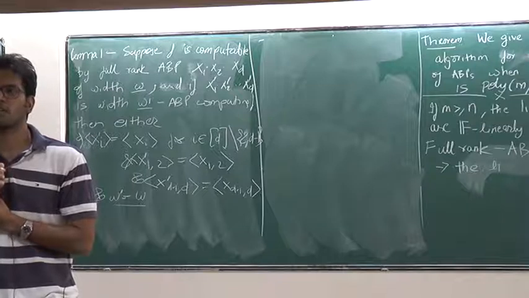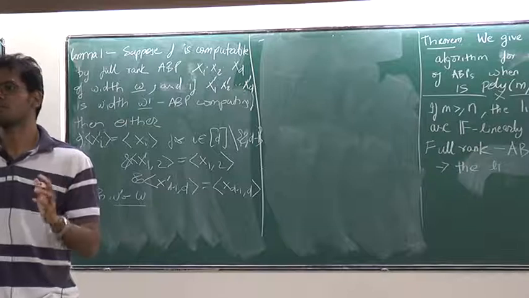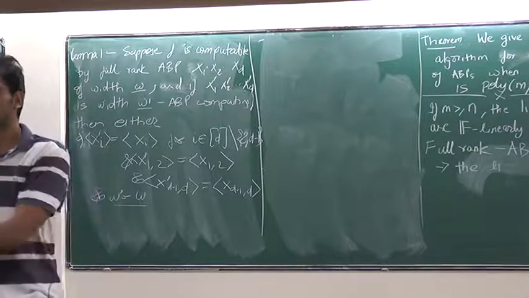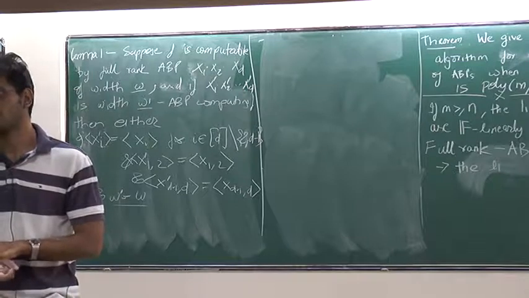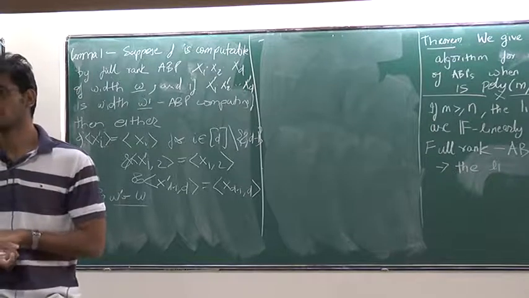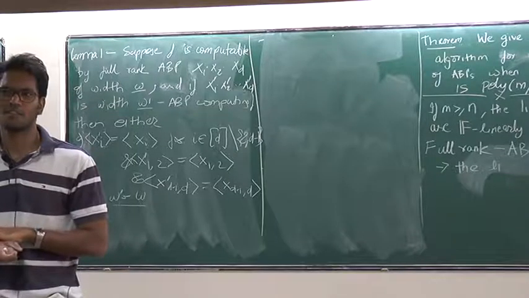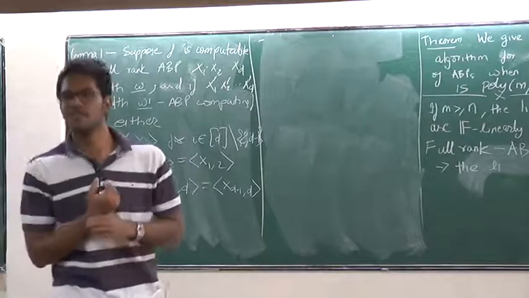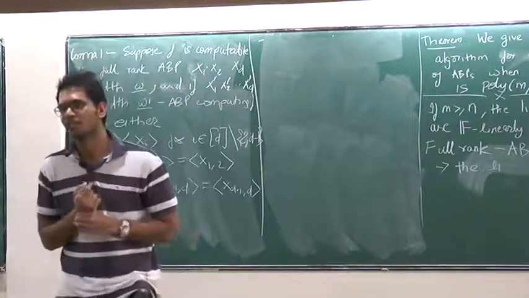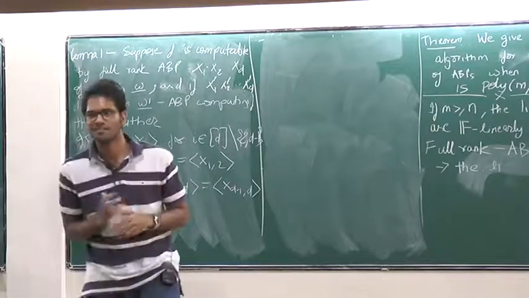It's like you have IMM, and then you are doing IMM of A times X, and now you are asking for a hitting set for this, where A is full rank. It's non-zero, but you don't know of a hitting set.